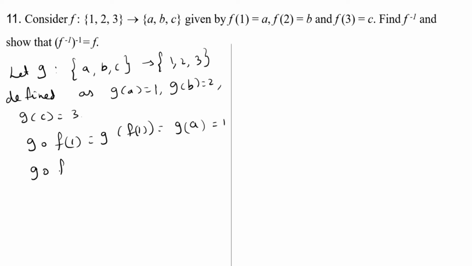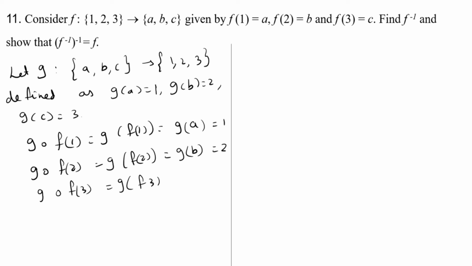Similarly, G of F of 2 is equal to G of B because F of 2 is given as B, and G of B we have defined as 2. And G of F of 3 is equal to G of C and it is equal to 3. Therefore, G of F is the identity function on the set {1, 2, 3}.